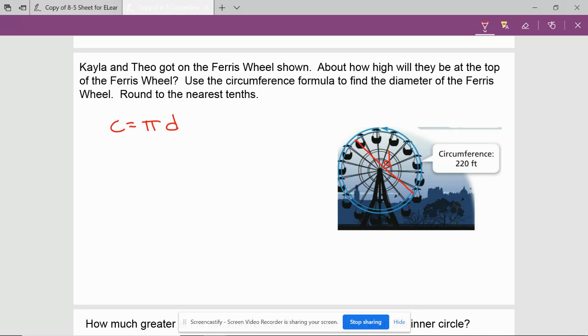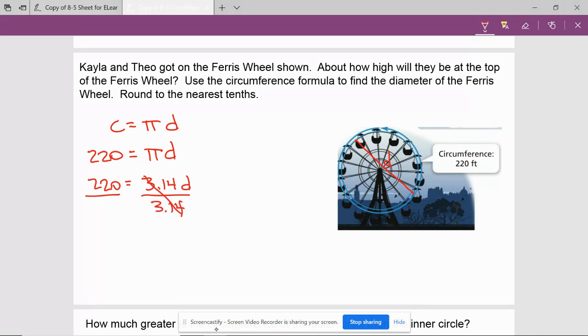We know our circumference, 220 feet. So let's go ahead and plug in our numbers. That's pi times diameter. So 220 is equal to 3.14 times diameter. We have to get d by itself. This is our one-step equation we've been doing forever.